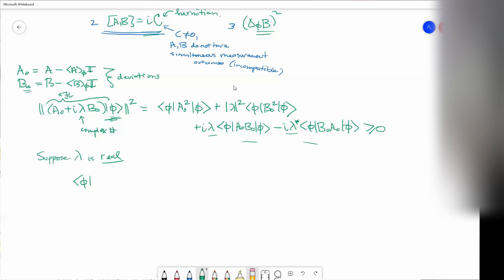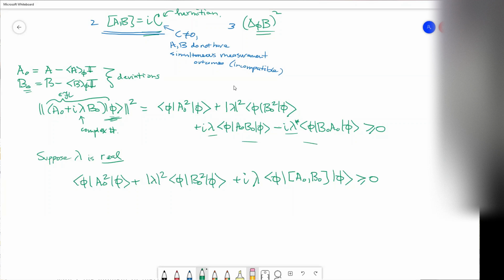So what we find is phi a naught squared phi plus lambda squared phi b naught squared phi, and then plus I lambda phi, and this just becomes the commutator between a naught and b naught, phi, and that's greater than or equal to 0.